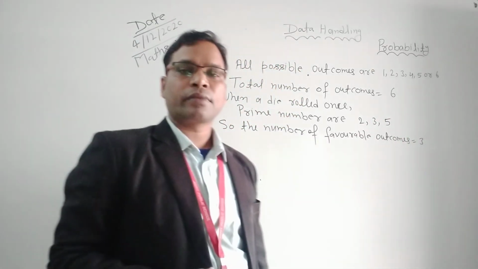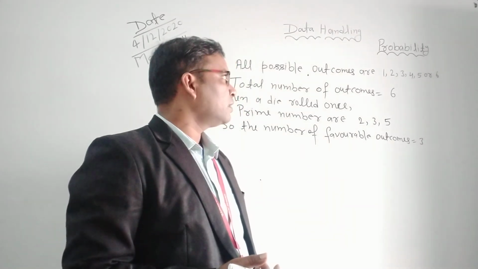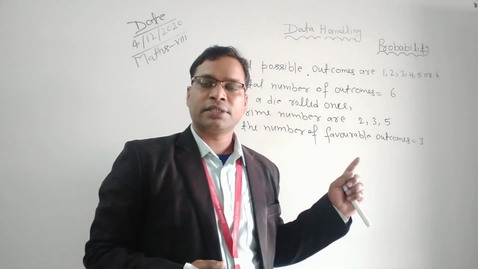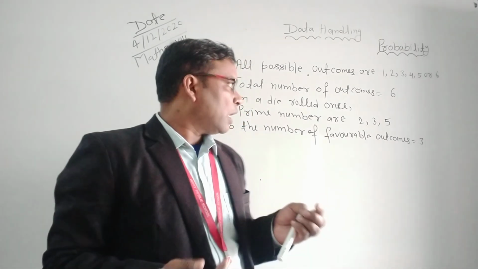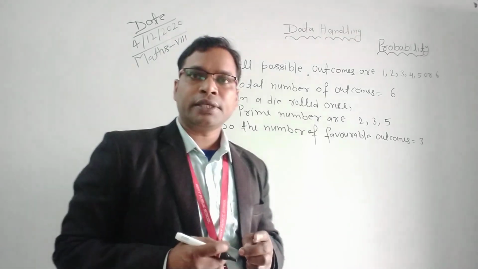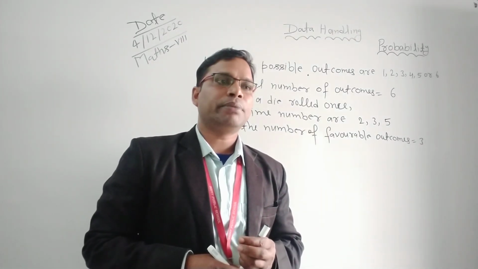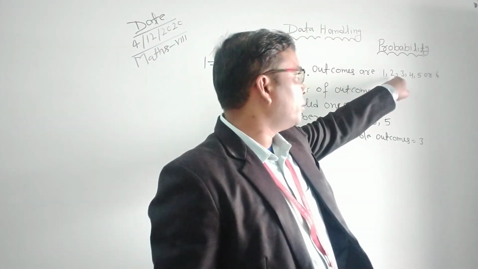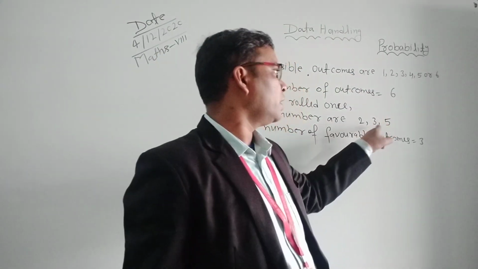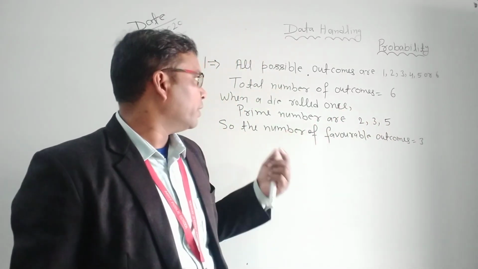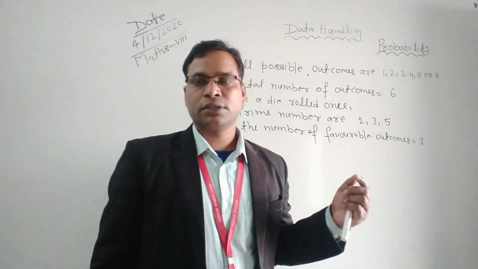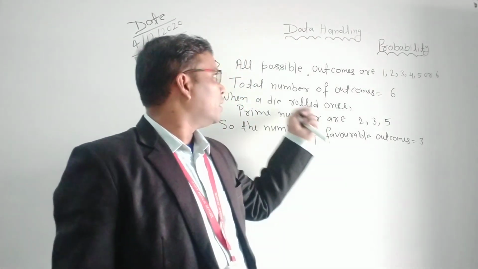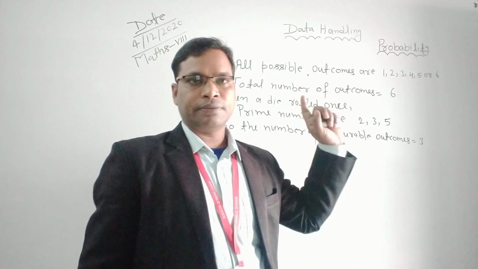Because when you throw a dice, all possible outcomes are 1, 2, 3, 4, 5 and 6, and we need to find the probability of prime numbers. In these outcomes, the prime numbers are 2, 3 and 5 when we roll a dice once. So the number of favorable outcomes is 3 and the total number of outcomes is 6.